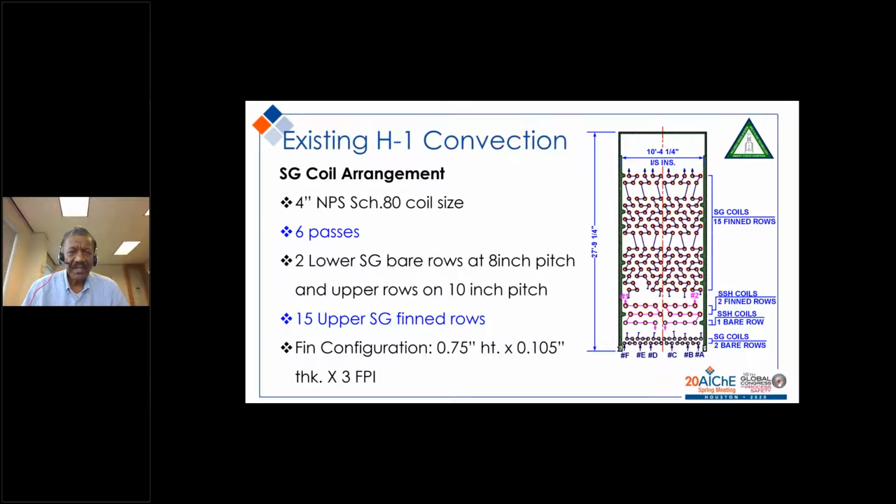After that, we had 15 rows of steam generation, with 6 parallel passes for the steam generation coil. The 15 rows were finned, and the fin configuration was 0.75 inch height, 0.10 feet thick, and 3 fins per inch.